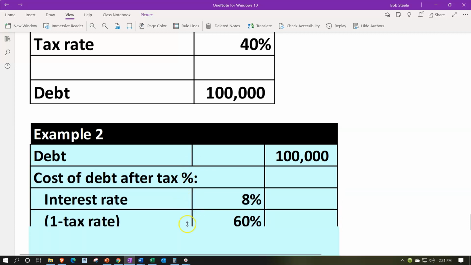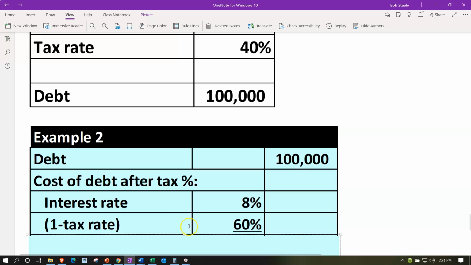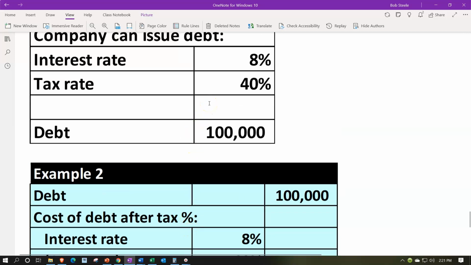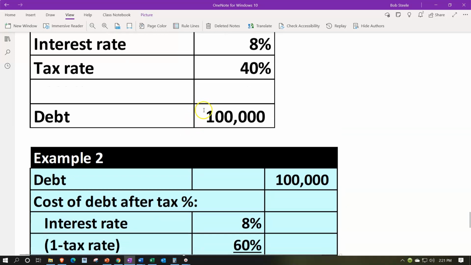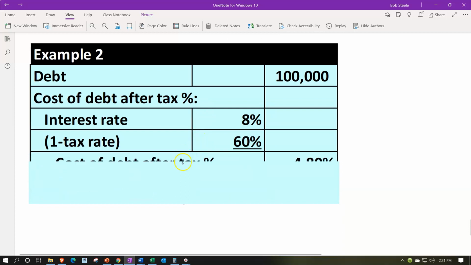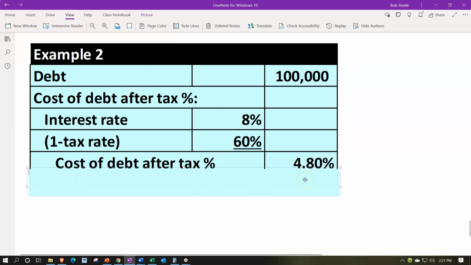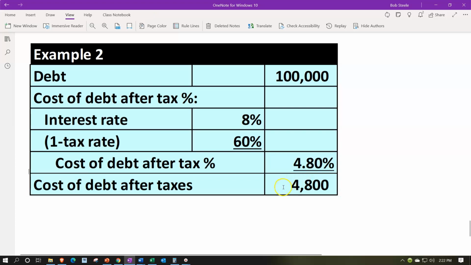Interest rate's going to be the 8% times 1 minus the tax rate, which is 1 minus 0.4, or 40%, or 100% minus 40%. 8% times the 60% is going to give us the 4.8. Then I can go directly to the end result, taking that 100,000 times the 4.8%, instead of taking the two-step method we did up top to get to the dollar amount of the cost of the 4,800.